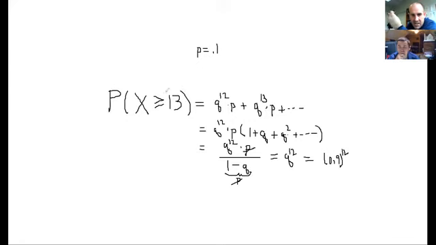So if this was 17, then the answer would be q to the 16. If x is equal to or greater than 13, all that means is that I had 12 failures, and then whatever happened after that. That really makes sense when you think about it.